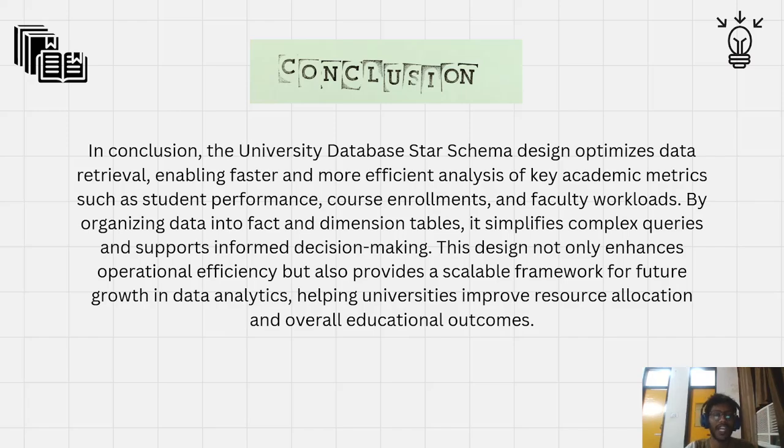This not only enhances operational efficiency, but also provides a framework for future growth for universities, so that they can utilize their resources completely and usefully, which can improve their resource allocation and overall educational performance.